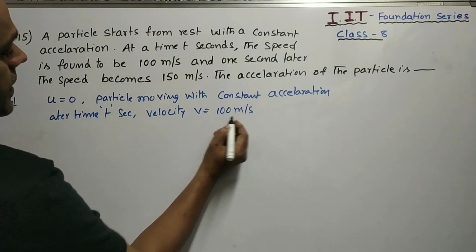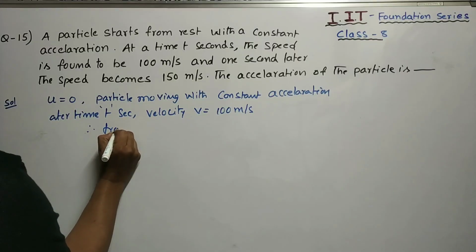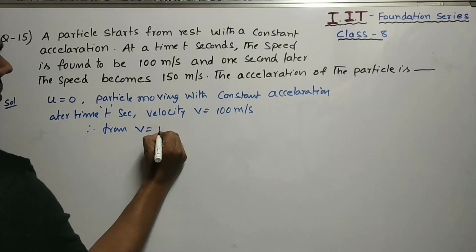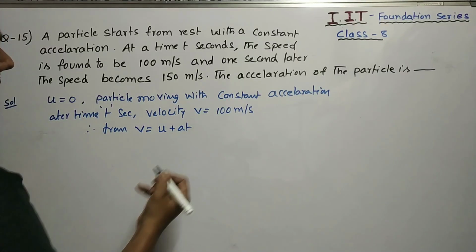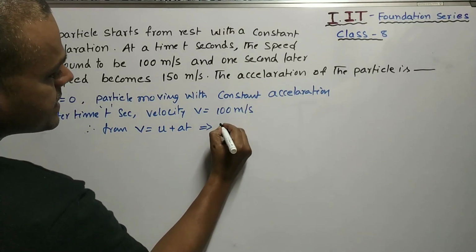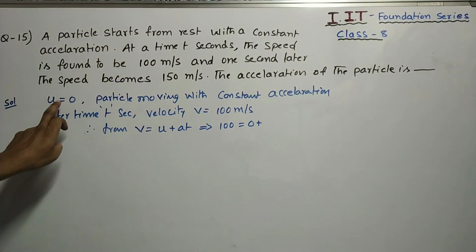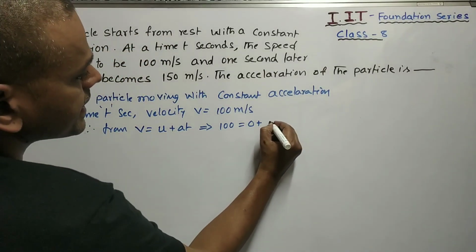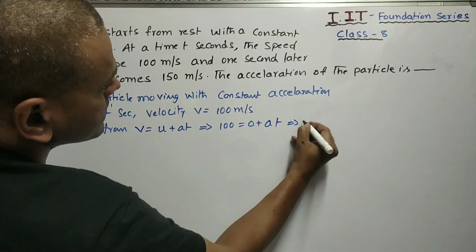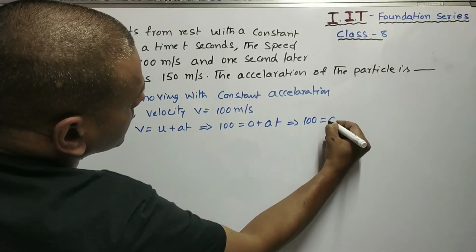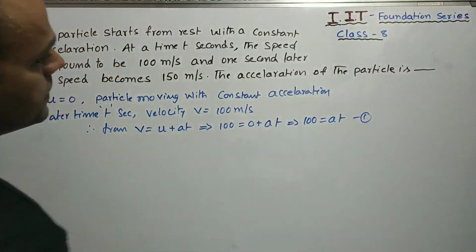Therefore, from the equation of motion, v is equal to u plus a into t. That implies 100 is equal to u, which is 0, because the particle starts from rest, meaning initial velocity is 0, plus a into t. That implies 100 is equal to a into t. This is equation 1.